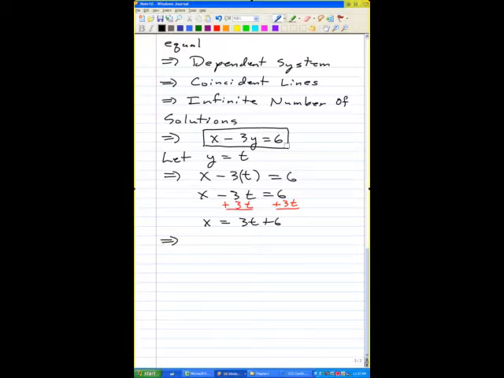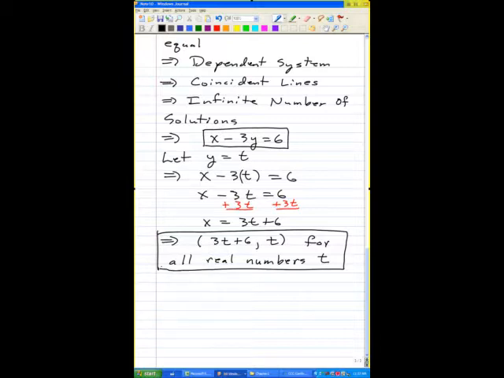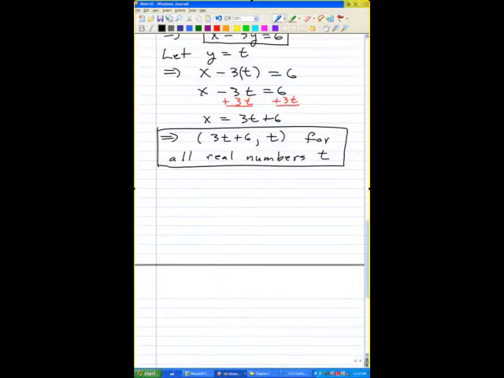And so if I want to write this instead of as an equation, so this is a solution, but written as an equation, let's write it as a set of ordered pairs. And so it's just x, 3t plus 6, comma y, which we call t. This is true for all real numbers t. And this is my solution written as a one-parameter family of solutions.